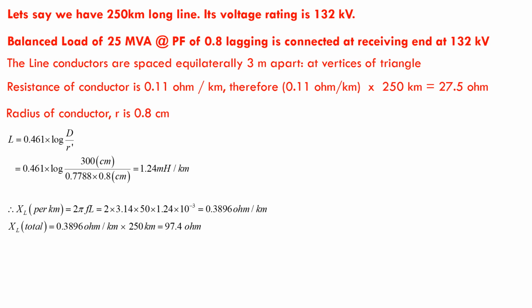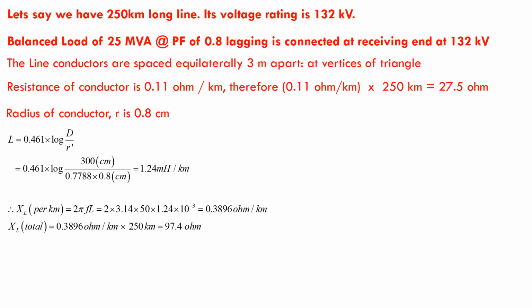This value will be in terms of millihenry per kilometer. From this inductance you can find out the inductive reactance per kilometer, with the use of the equation 2 pi fL. So you will get inductive reactance of 0.3896 ohms per kilometer, and if you multiply it by 250, then you will get the total inductive reactance of this medium transmission line.